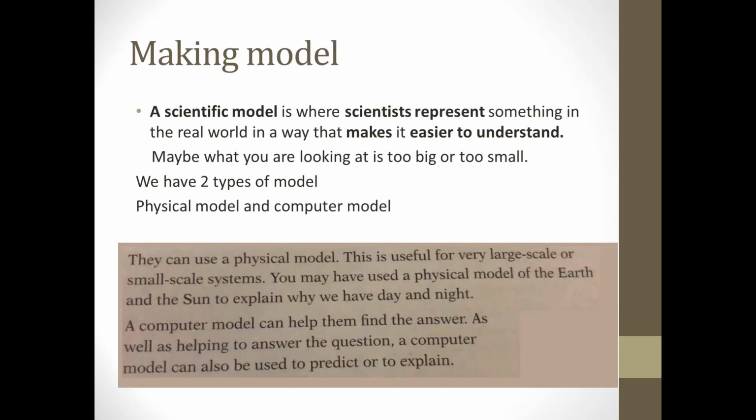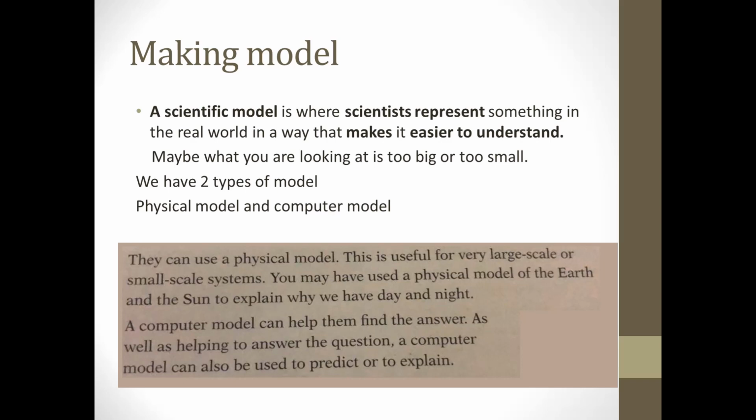Okay, what is a model? A scientific model is where scientists represent something in the real world in a way that makes it easier to understand. For example, I'm studying the rotation of the Earth around the Sun. Can I go to space and measure the speed of the Earth and its rotation? I can't. It's not easy.